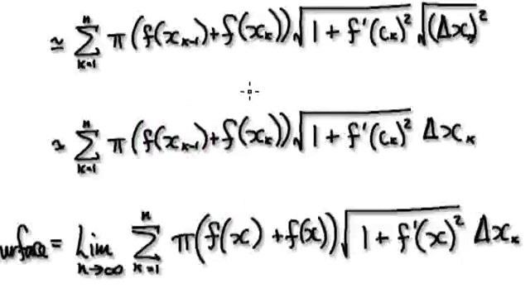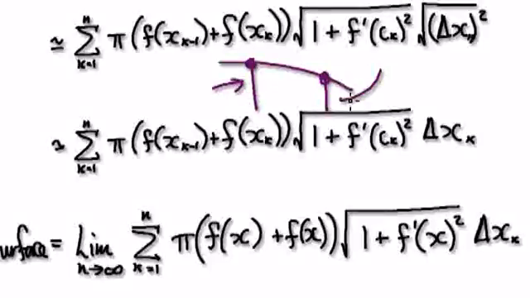Remember our diagram looks something like this. So this is the tall radius. This is a short radius, and as you make n tend to infinity, delta x tends to 0.